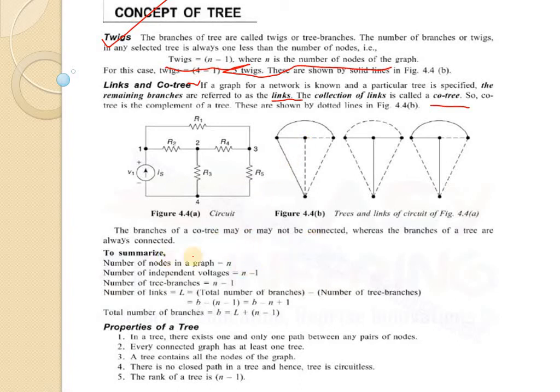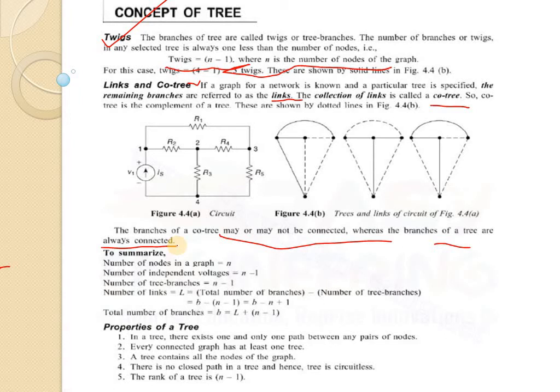The branches of a core tree may or may not be connected, whereas the branches of a tree are always connected. So, from the diagram, you must tell me which branches are connected, which is tree and which are core tree. Tree must be connected and core tree may or may not be connected. So, first we summarize. Number of nodes is n.